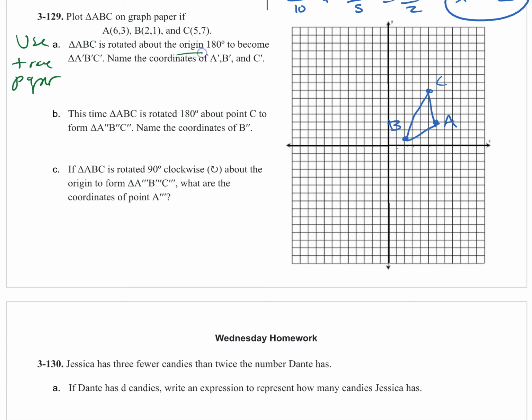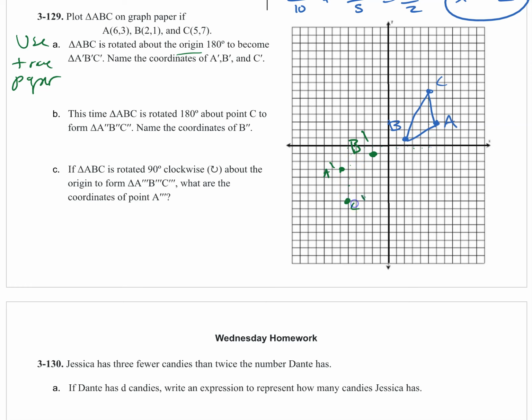You're rotating around the origin, 180 degrees, so it should be down here. That's B prime. A prime is going to be there, and C prime, so that's going to be 1, 2, 3, 4, 5, 1, 2, 3, 4, 5, 6, 7.